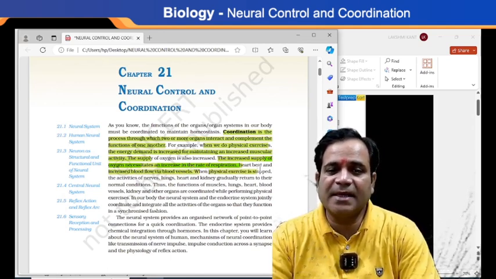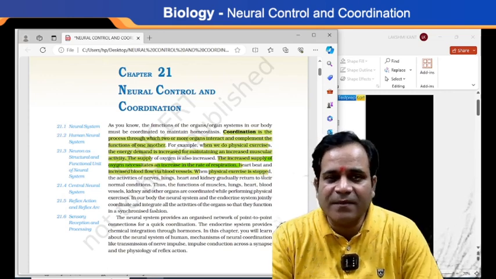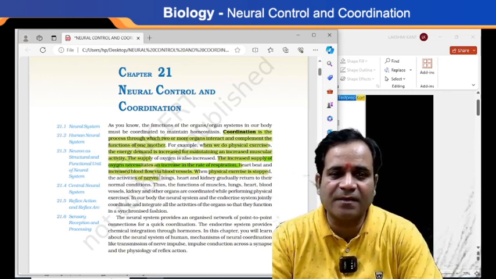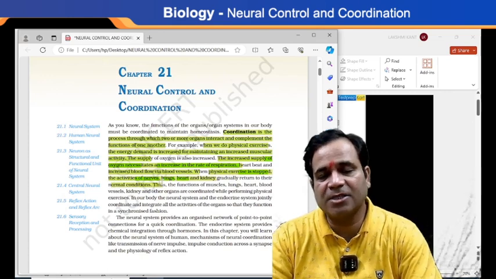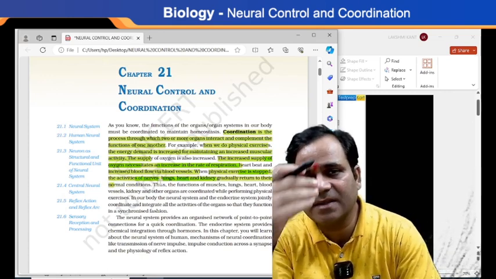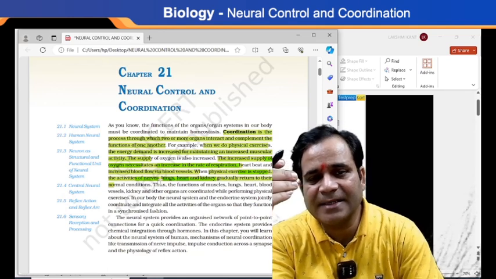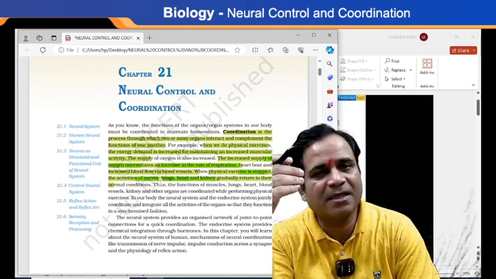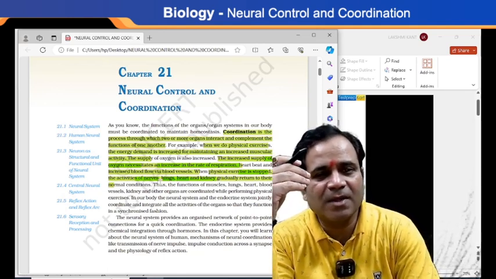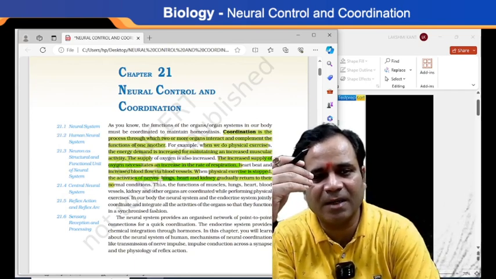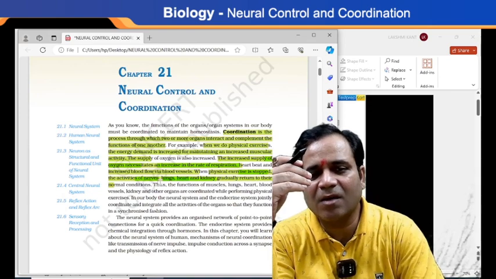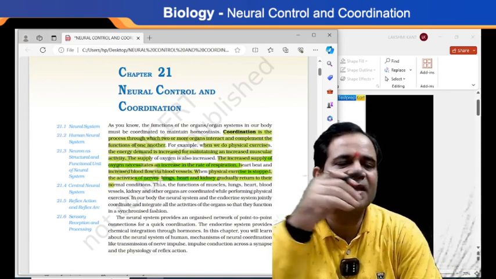When we stop the physical exercise, the activities of the nerves, lungs, heart and kidney gradually return to their normal condition. So this is the function of muscles, lungs, heart and blood vessels, while the kidney and other organs also coordinate during physical exercise.